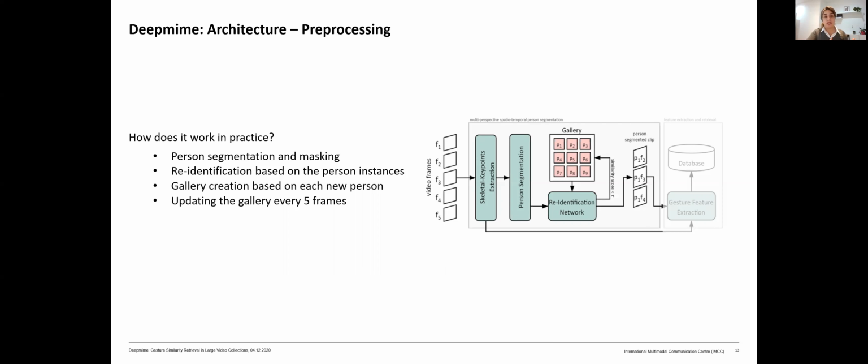So this gallery over time gets completed, and we update this gallery every 5 frames, because the person changes pose and changes the way that they are recorded from the camera. So to make sure that over the course of the video, each person is recognized and tracked properly, we update this gallery with the image of each person after every 5 frames.